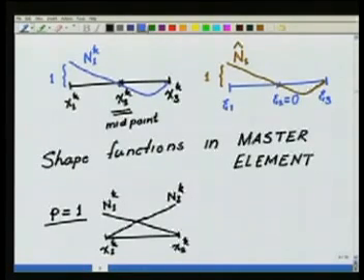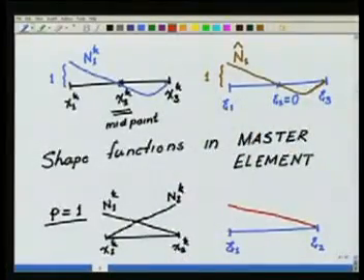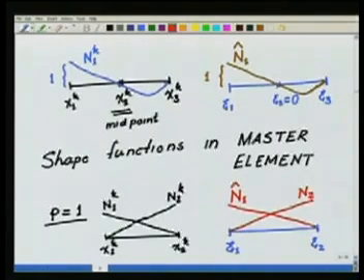Similarly, this is my master element, this is the point psi 1, this is the point psi 2, and this is the function n1 hat, this is the function n2 hat.